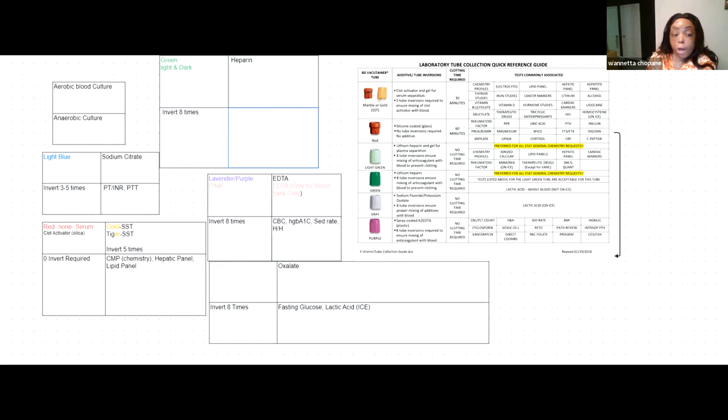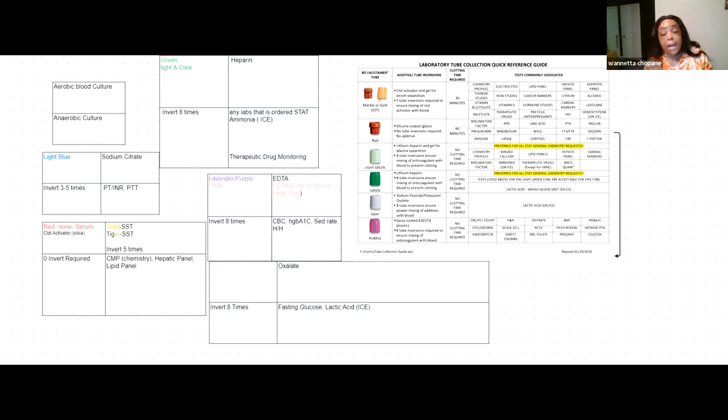Okay. Moving right along to our next order of draw, which is our purple or lavender top tube. The reason why I say purple or lavender is because some of your requisitions will have a P for purple, or PUR for purple, or it may have an L for lavender, or LAV for lavender.